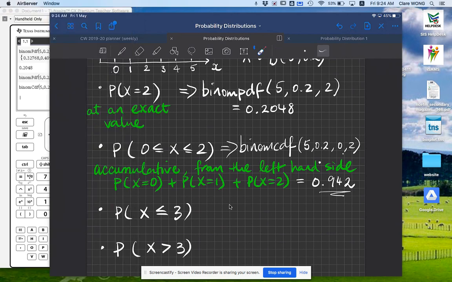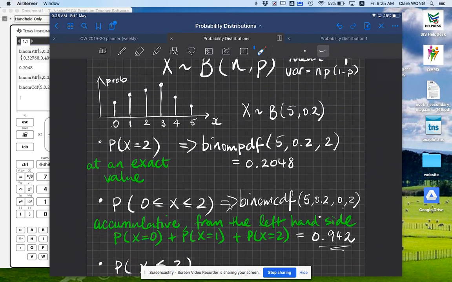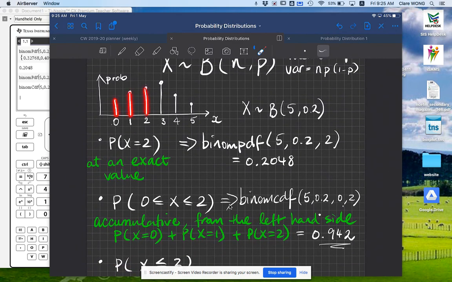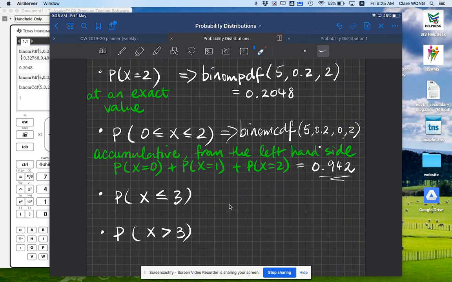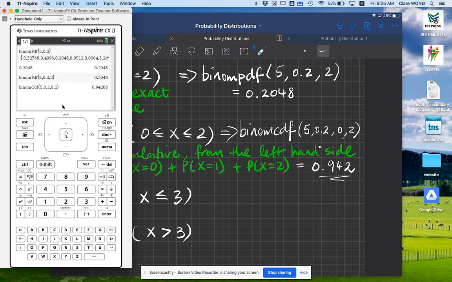How about we are only interested in P of x being less than or equal to 3. So if you go to the graph, we need everything less than or equal to 3, these four. Your calculator has this function.